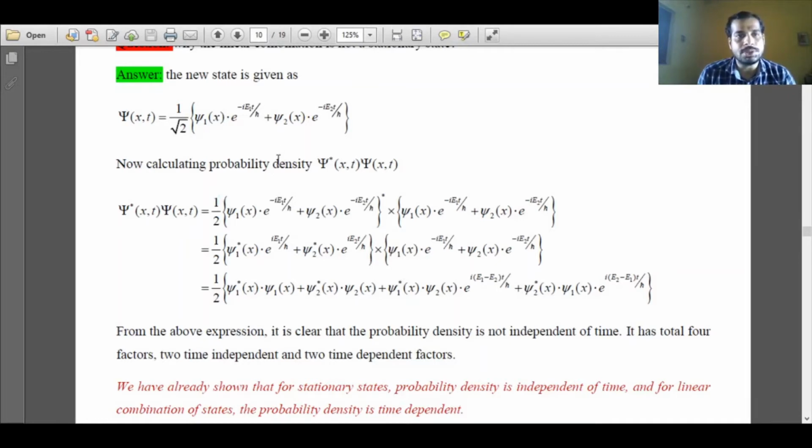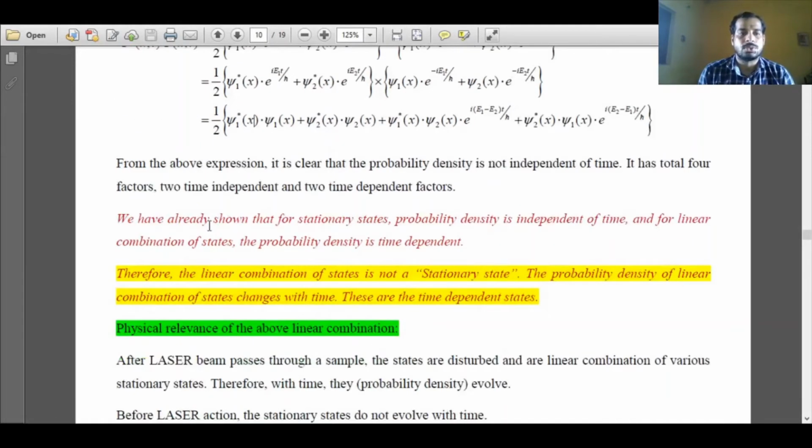But in the previous case, when we considered only a single state, the probability density was independent of time. So we have already shown that for any particular stationary state, the probability density is independent of time. We have seen that in the first case. And for a linear combination of states, the probability density is time dependent. Here time dependent terms are appearing: the third and fourth terms.